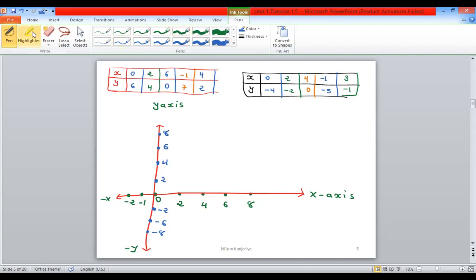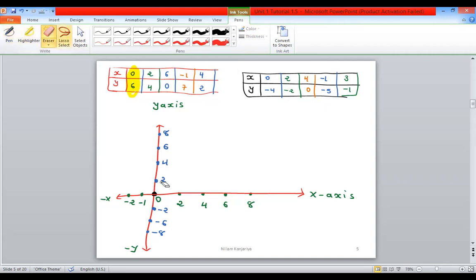The first point is, look here, this is your first point, 0, 6. This pair of 0, 6: x is 0. What happened here? X is 0. That means x is 0 here, and y is 6.